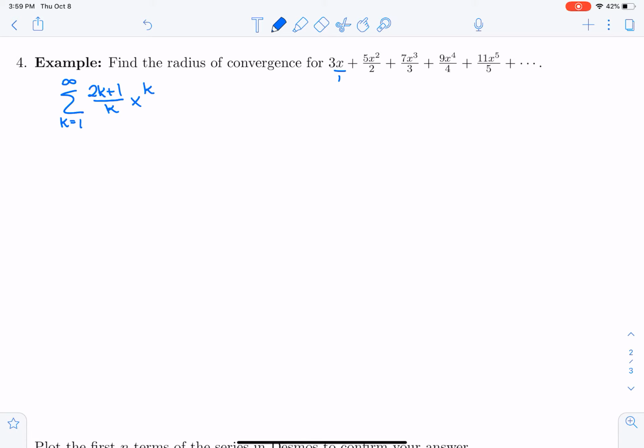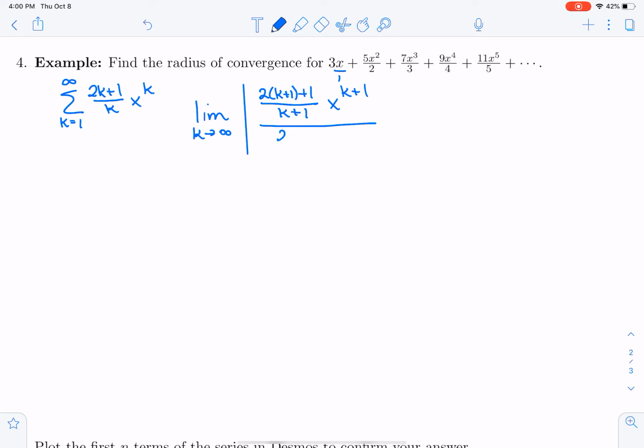Now, we're going to do the ratio test. We take the limit as k goes to infinity of the ratio of the terms. In this case, it's 2 times k plus 1 plus 1 over k plus 1, x to the k plus 1, divided by 2k plus 1 over k, x to the k.